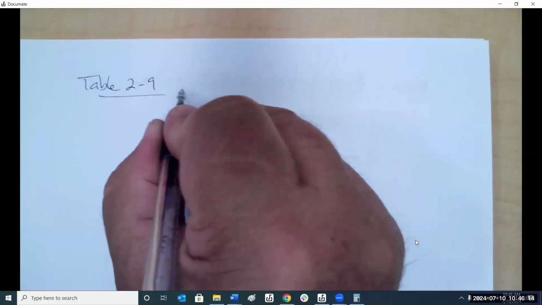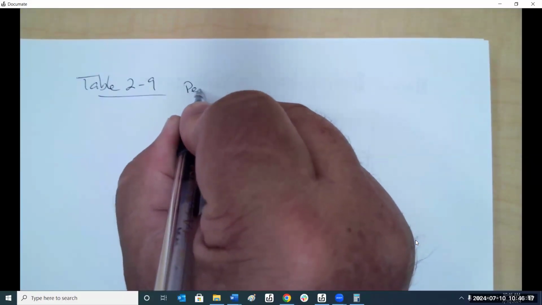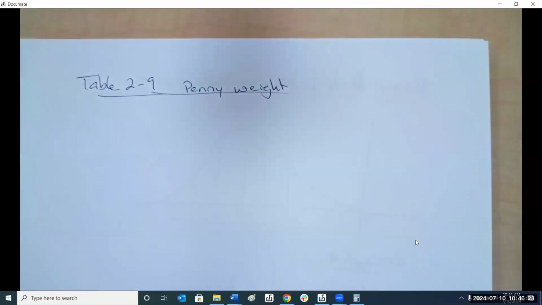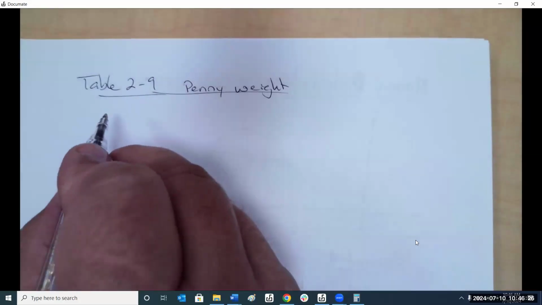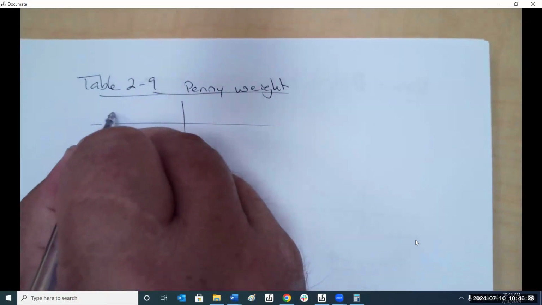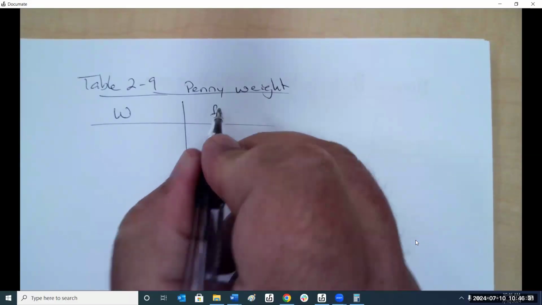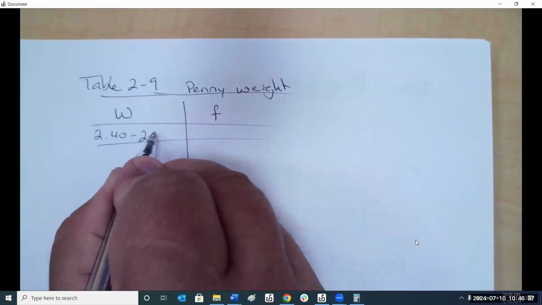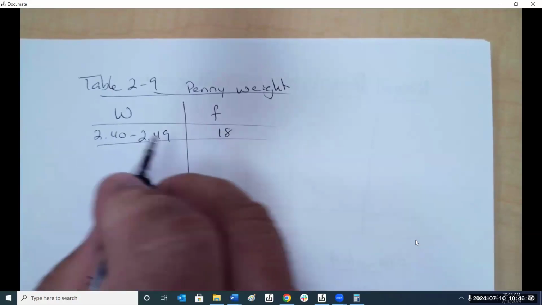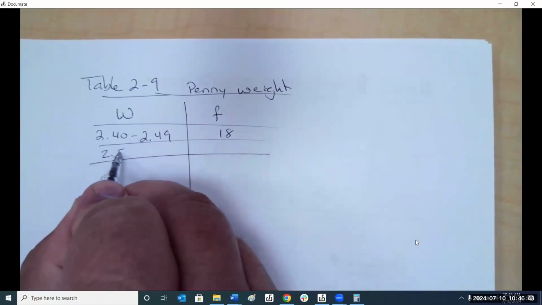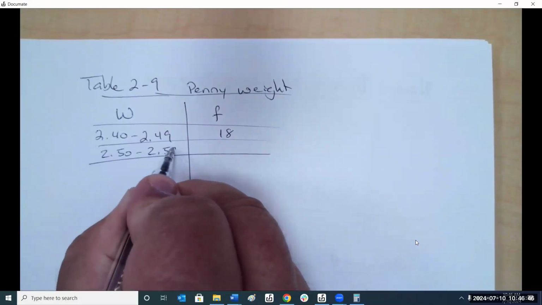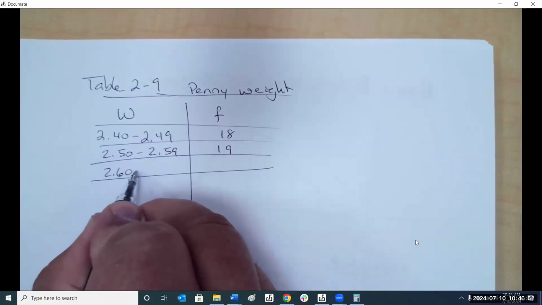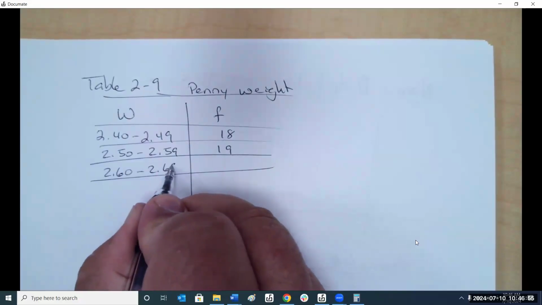For our example here, our table 2-9, pennies. The weight of pennies. Here's the weight, and here's the frequency. So the first one is between 2.40 and 2.49. There are 18 of them. 2.50 to 2.59. There are 19 of them. 2.60 to 2.69.